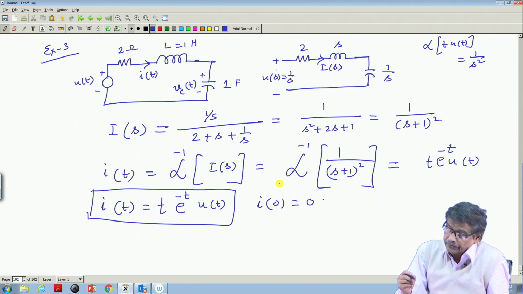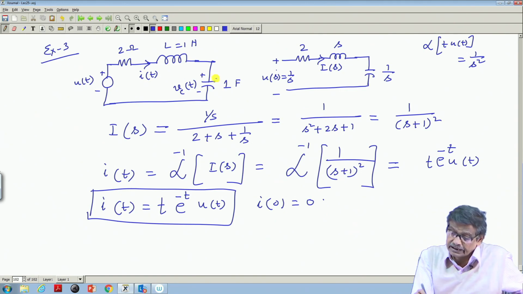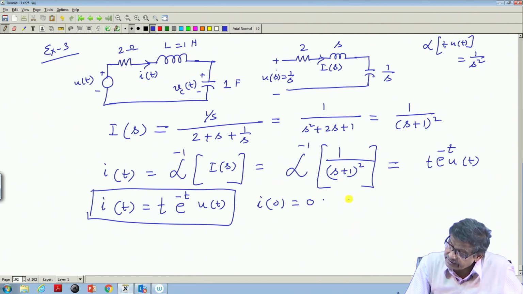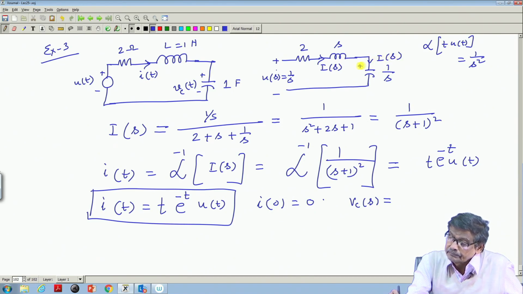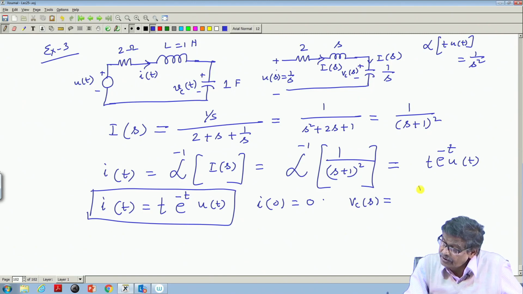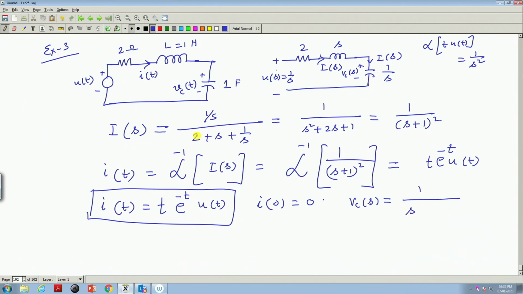Now, let us write down the voltage across the capacitor. What will be Vc(s)? Vc(s) will be 1 by s into I(s). So, Vc(s) will be 1 over s, multiplied with I(s), which is 1 over (s plus 1) whole square.